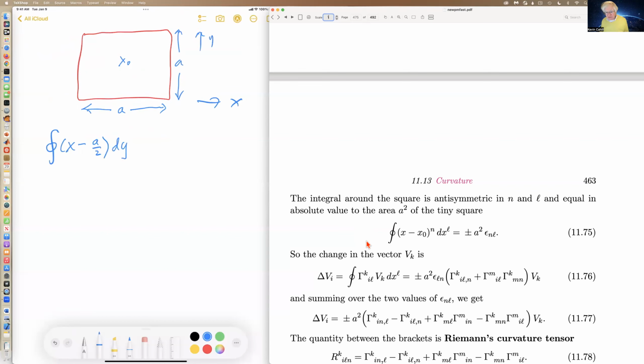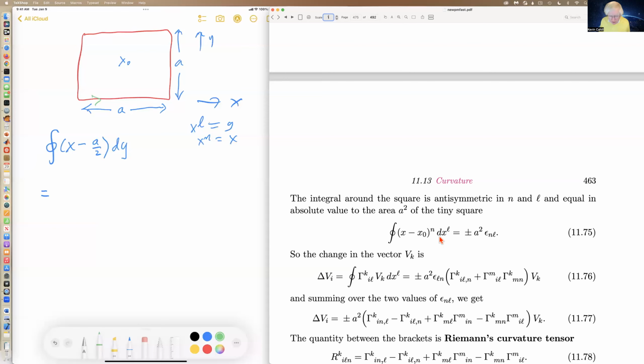So in other words, I'm setting x_l to be y, and x_n is going to be just x. So we're in the xy plane, basically. And now, if we do this integration, we're going to integrate around the square.